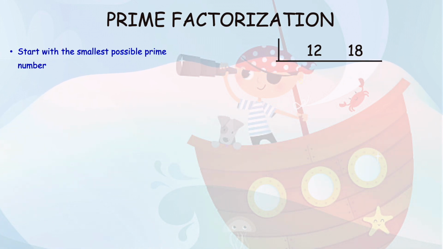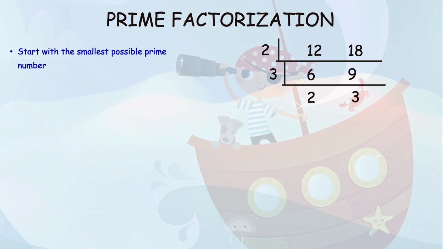In this case, we write 2 on the left, and the quotients 6 and 9 appear below. Since 6 and 9 have a common divisor of 3, we continue. Now the quotients become 2 and 3, which are coprime. This means the factorization process is complete.